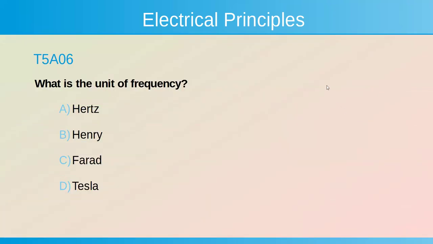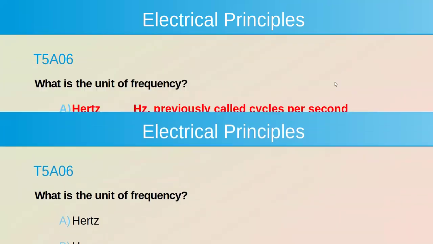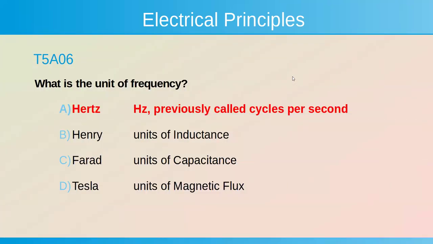And I don't think I mentioned this one. I should have. What is the unit of frequency? I'm gonna go with alpha. Alpha. Yeah. Named after Mr. Hertz. And because it's a proper name, we use a capital H-z to represent it.